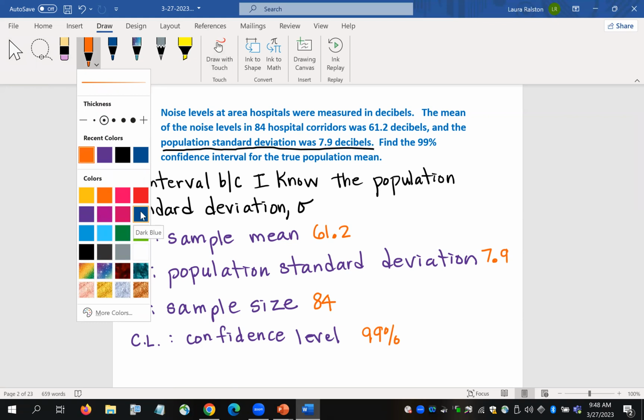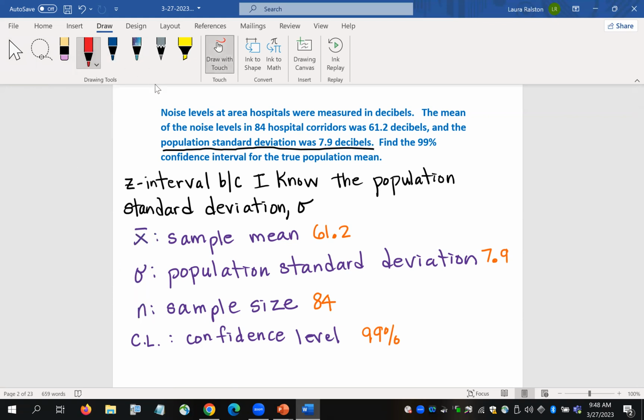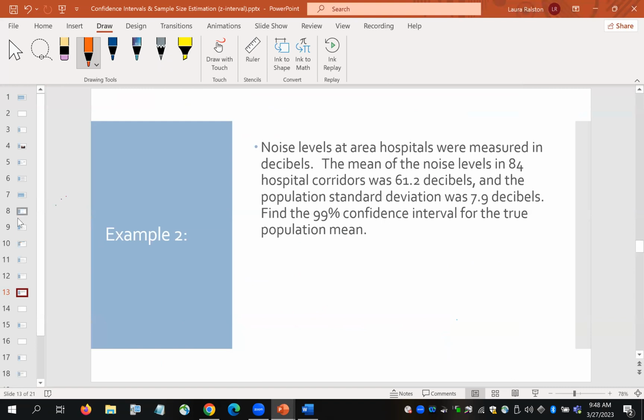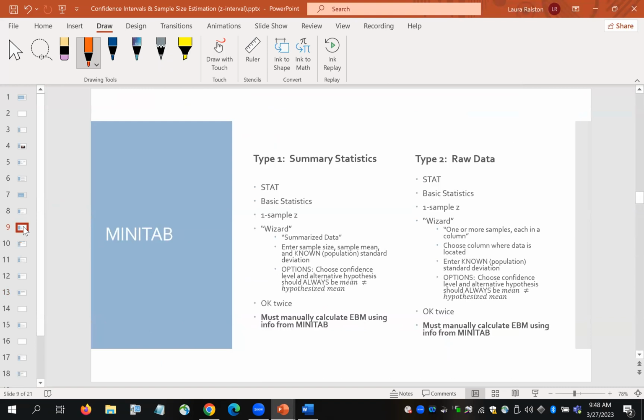Now, it's also important to note that in this scenario, what you have is what Minitab calls summarized data. Okay, you do have to recognize that, because remember on slide, was it 9?